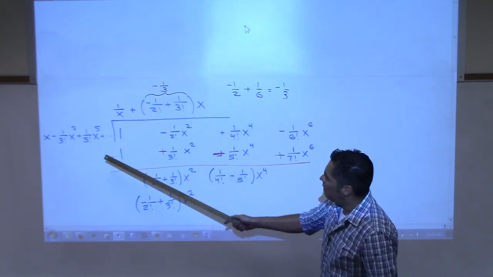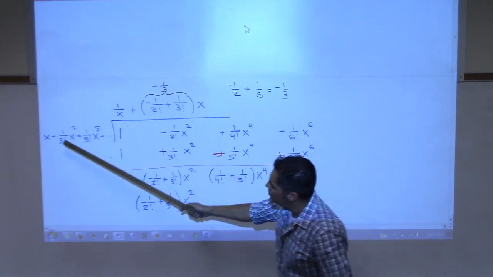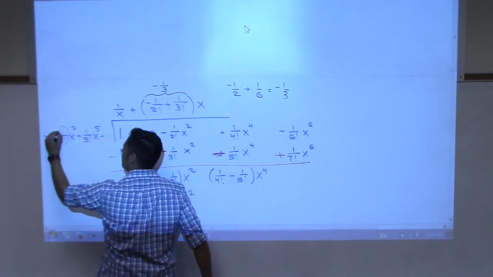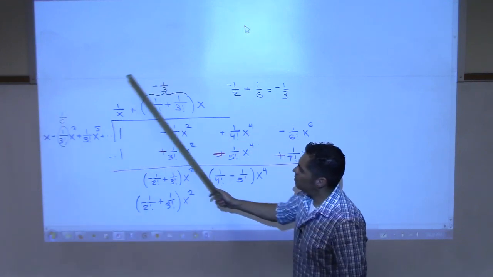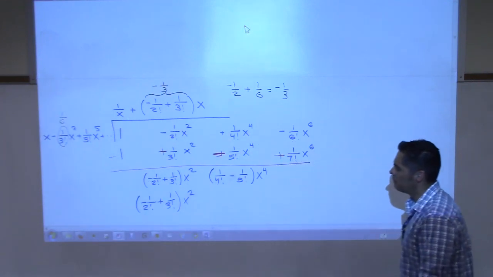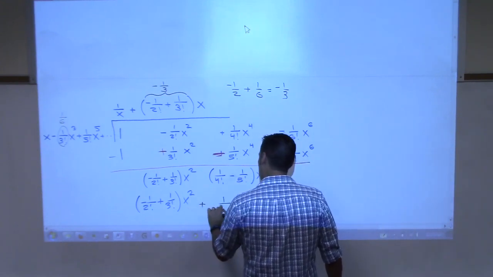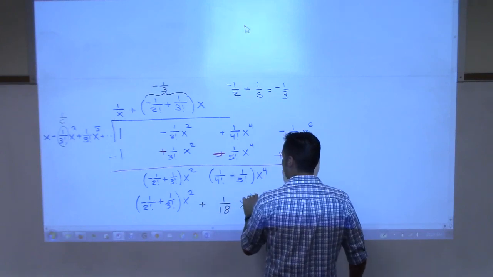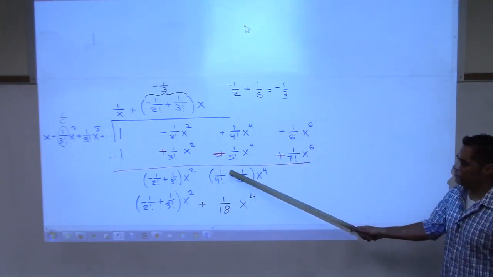We're multiplying that times the number in front of this one, which is 1/6. So negative 1/3 times negative 1/6 gives positive 1/18, x to the 4th. That would go here. And then we have to put these two together.